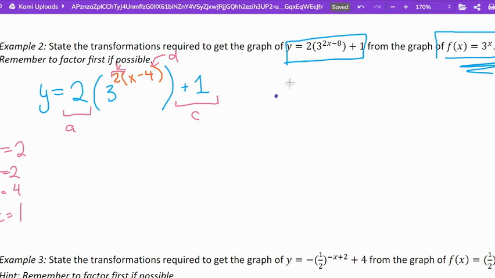Vertical stretch by a factor of? No, you don't have to. The vertical stretch, you don't have to change. It's always the horizontal stuff that's weird, right? Remember, it's always this stuff that you're going to flip around. So a vertical stretch by a factor of 2.